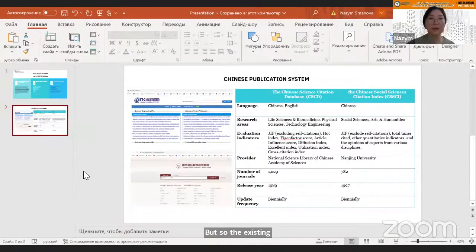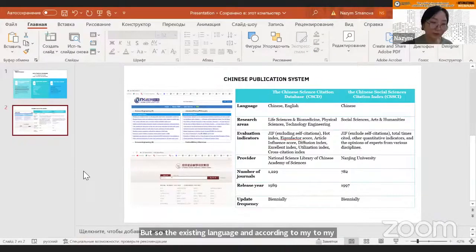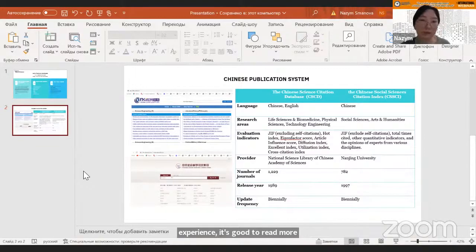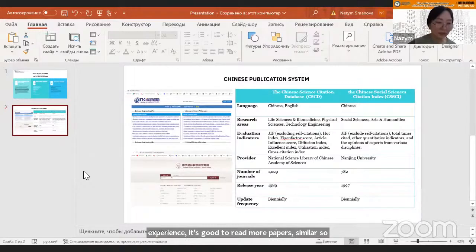And according to my experience, it's good to read more papers that are similar to your own paper, and write relevant theories that will be presented.